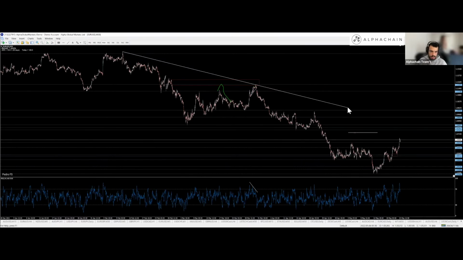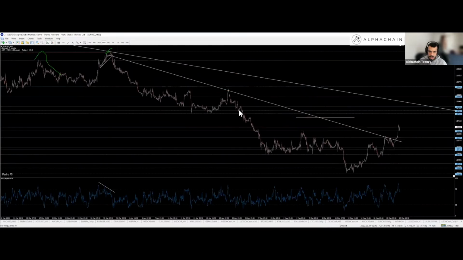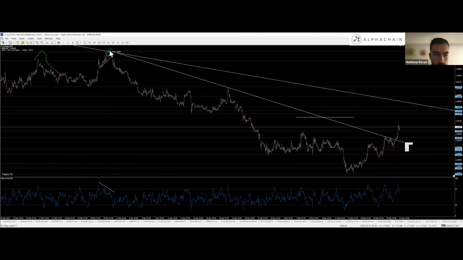So at this point, if I want to consider from this high, I would draw from here, and let's see if price reacts from there or not. Or maybe a more recent one, just from here to catch that one. It's magnetic prices. Okay, cool, thank you.